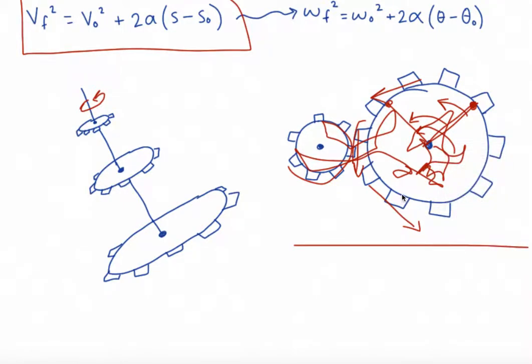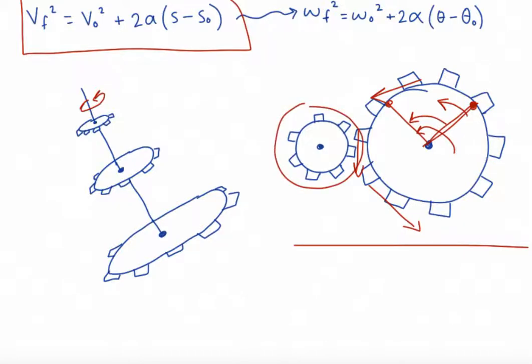When this smaller gear is hit by the larger gear, this lower gear is going to have the same tangential velocity, because they both hit each other right there. It's going to cause this smaller gear to spin, and its tangential velocity is going to be the same.